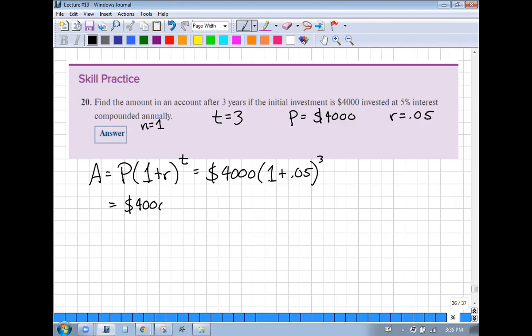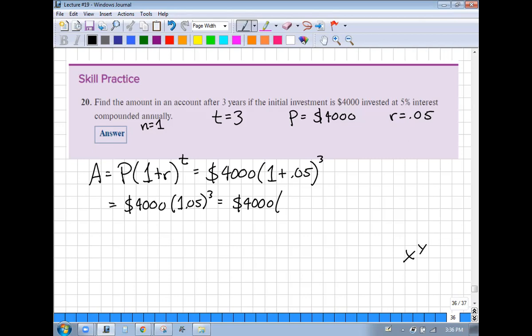So let's deal with this stuff inside of here. 1 plus 0.05 is 1.05 to the third power. So we have our 4,000. Let's take this 1.05. I'll type it in, 1.05, and then I hit the X to the Y button, to the power of 3.